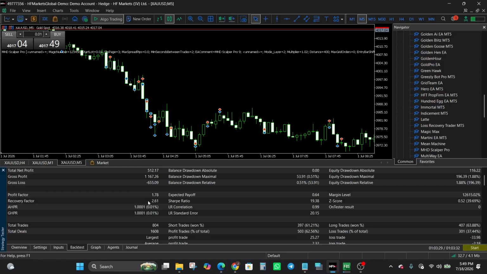But again, this is a 17-day sample, not the longer multi-month window that gives a clearer picture of how a system holds up across different market conditions.